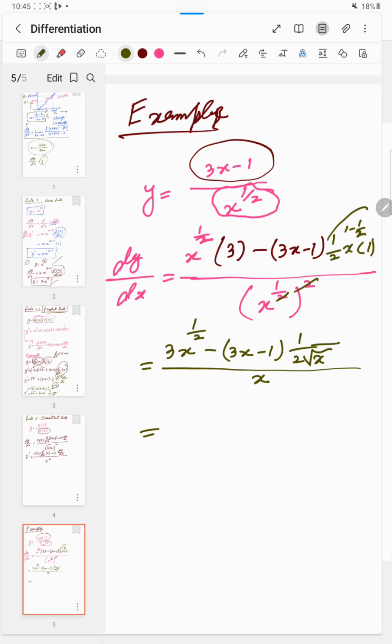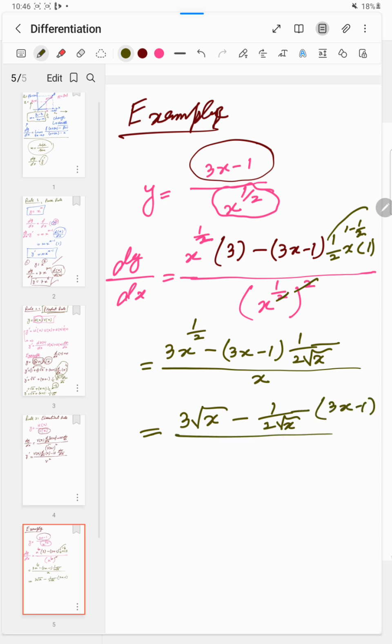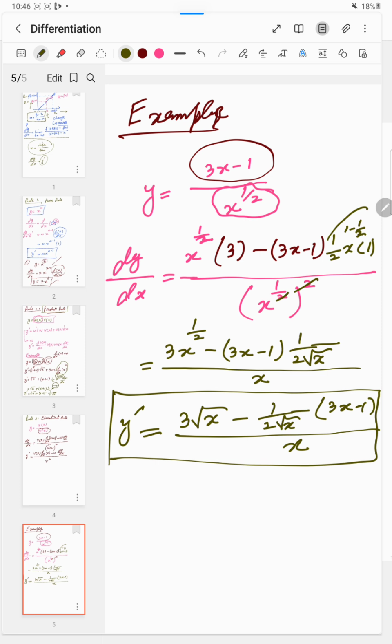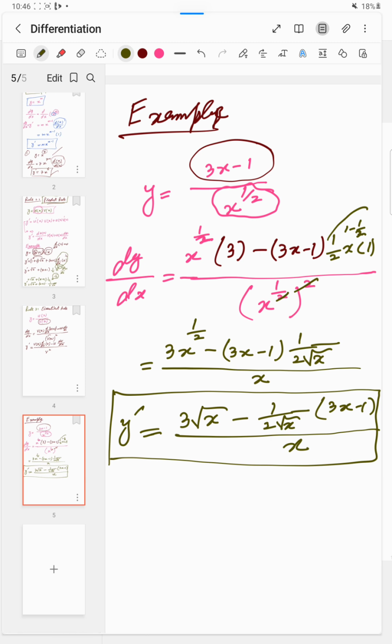We can write here 3 square root of x minus 1 by 2 square root of x, and (3x minus 1) divided by x is y prime. So this is rule number 3, which is called the quotient rule, and it is very helpful to find the derivative of any function.